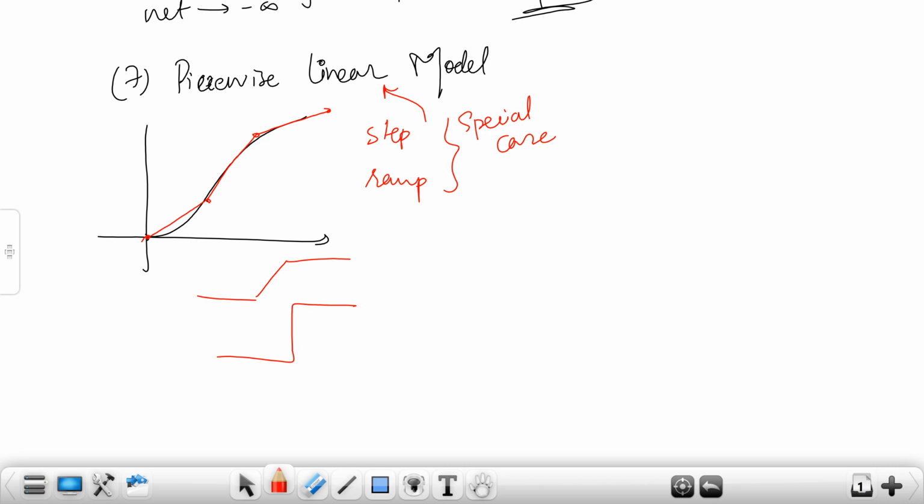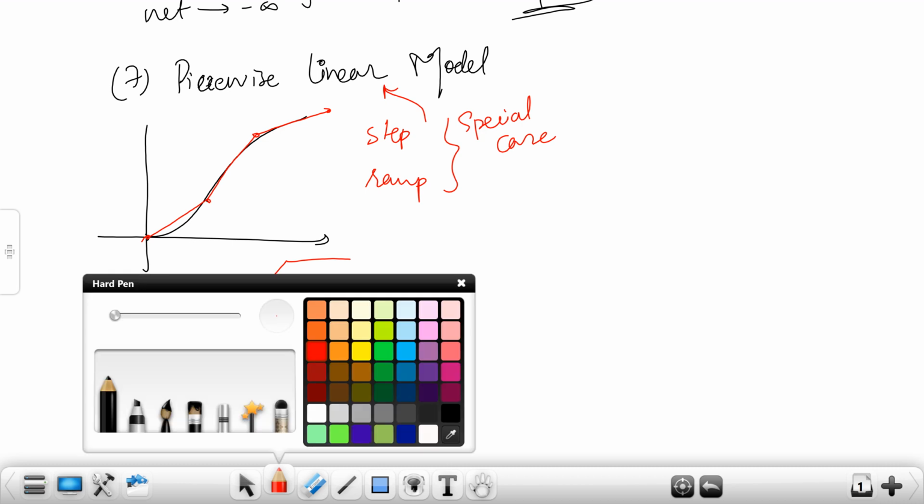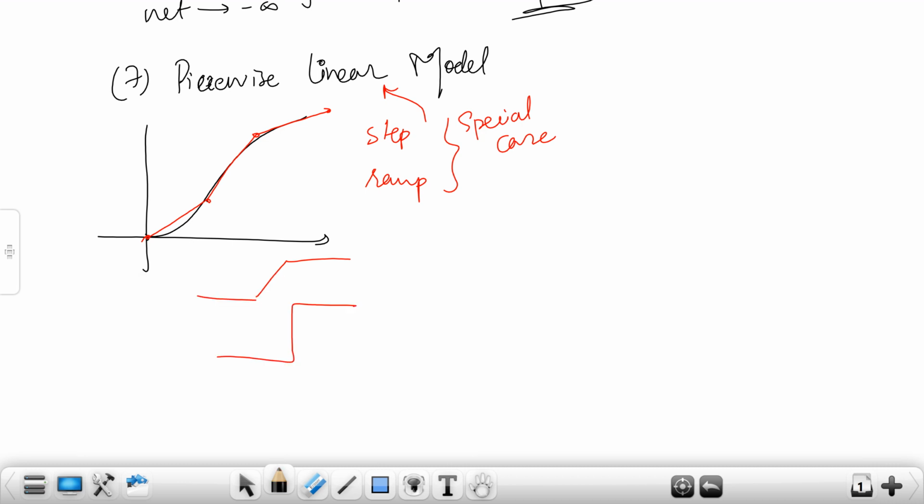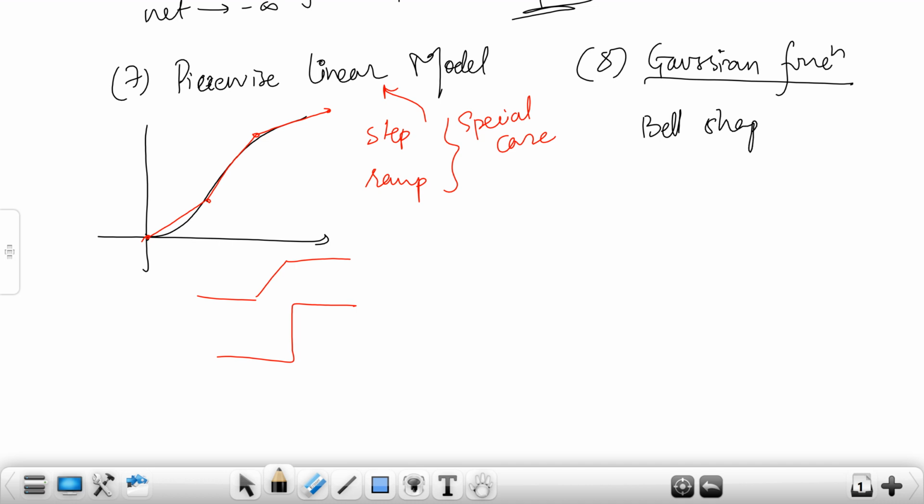Now, the last activation function that we are going to see is the Gaussian function. Gaussian activation will have a bell-shaped curve. You have studied Gaussian functions in analog communications.